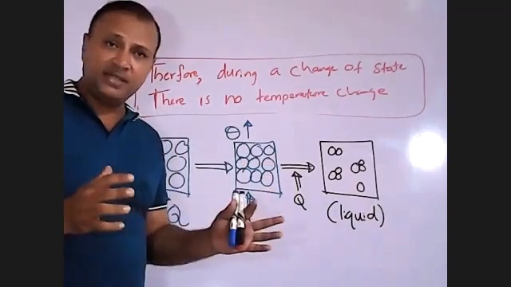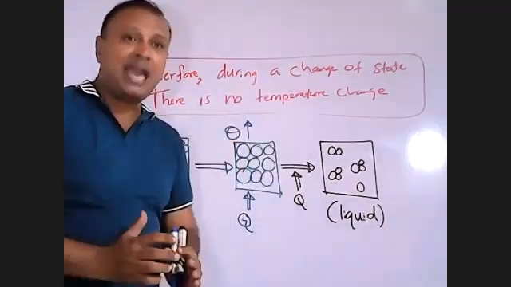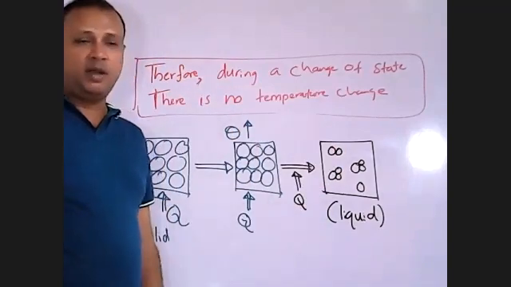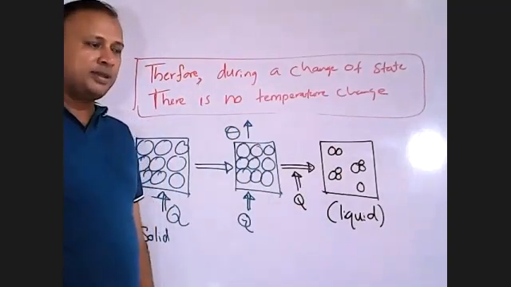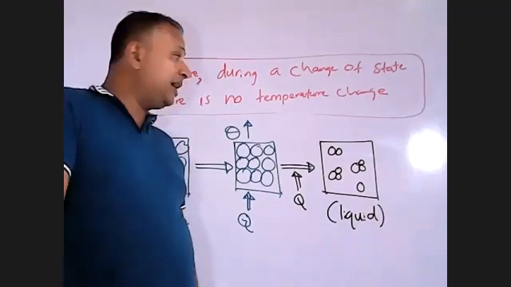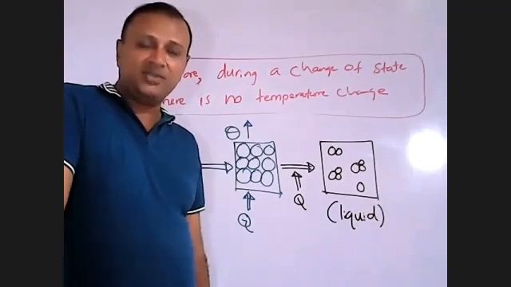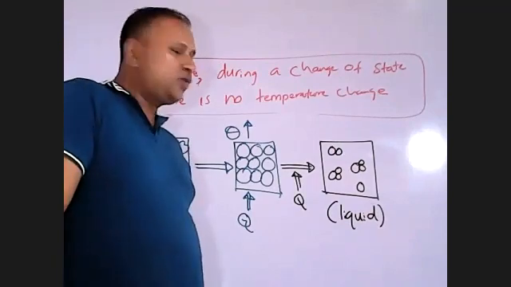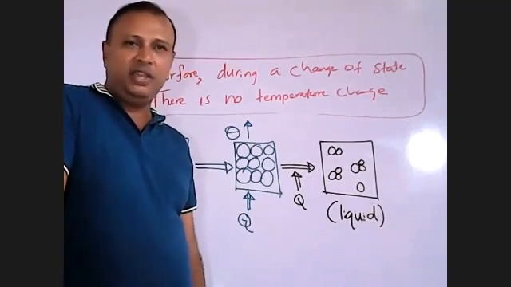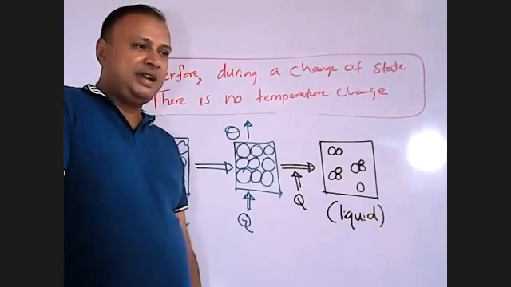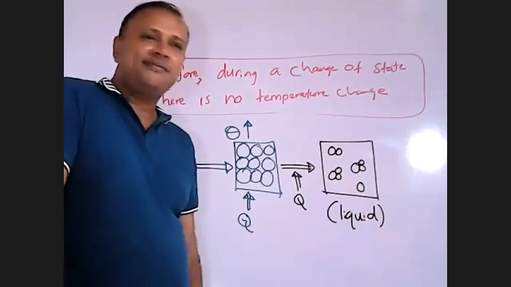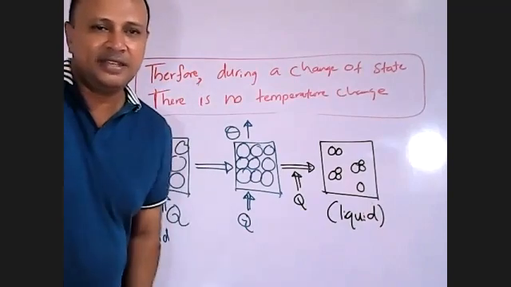Even though temperature is constant, heat energy is absorbed to break intermolecular bonds. Therefore, the energy of that phase is relatively high. Okay. Did you get my point?